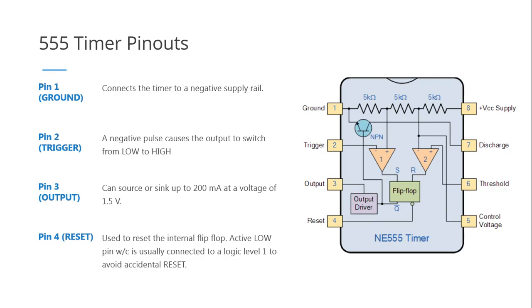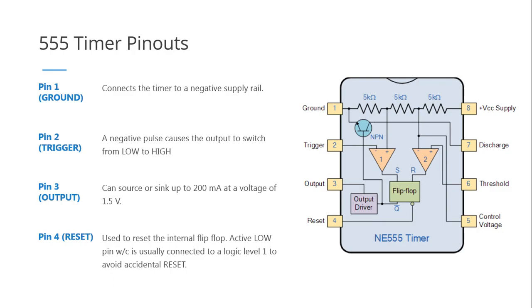So a 555 timer has 8 inputs or 8 pins. So pin 1 is the ground. Pin 1 connects the timer to a negative supply rail.